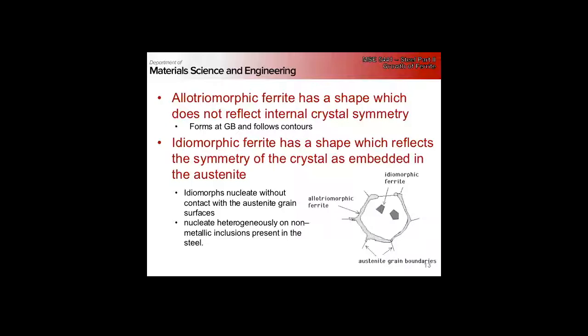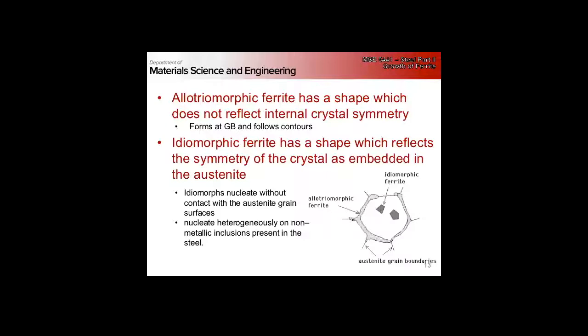But anyway, allotriomorphic ferrite grows on the grain boundary, right? And it has a shape which doesn't reflect any internal crystal symmetry. It forms at the grain boundary and follows the grain boundary contours, right? Idiomorphic ferrite, on the other hand, nucleates heterogeneously within the interior of the grain.